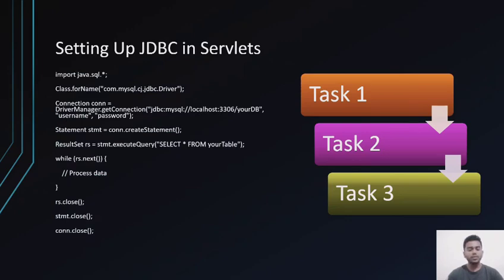After that, we use a while loop, rs.next(), which means ResultSet.next(), and we process the data and iterate it. After this, our task is to close the result set, close the statement, and close the connection. In this way, we will set up JDBC in the servlets.